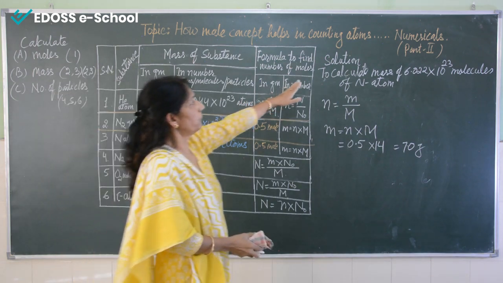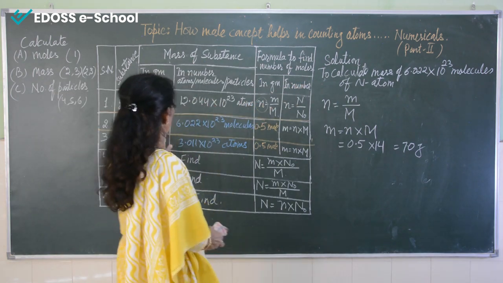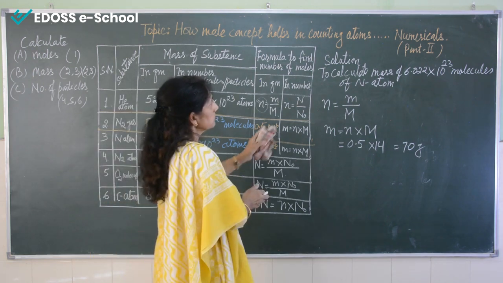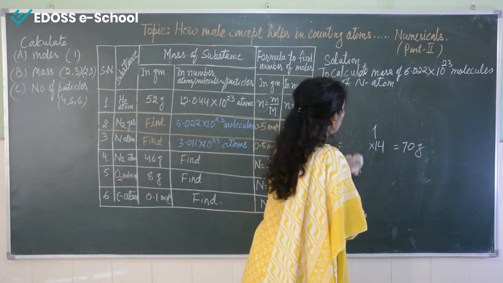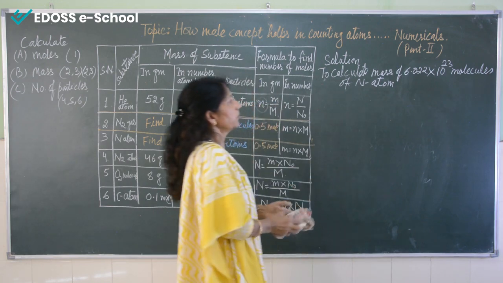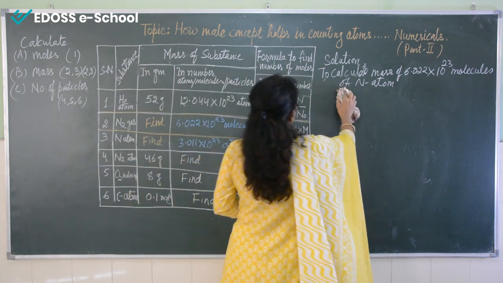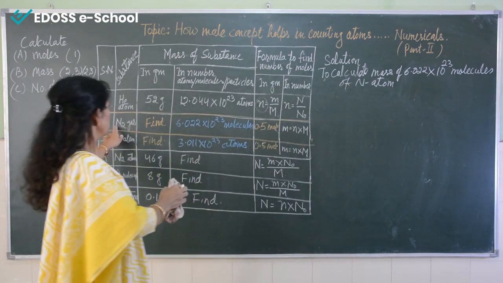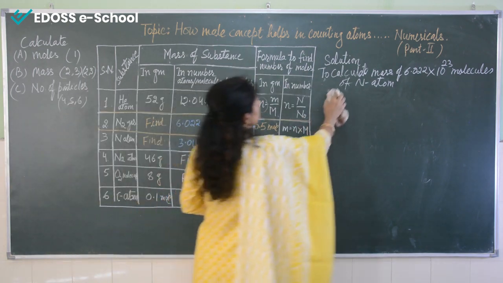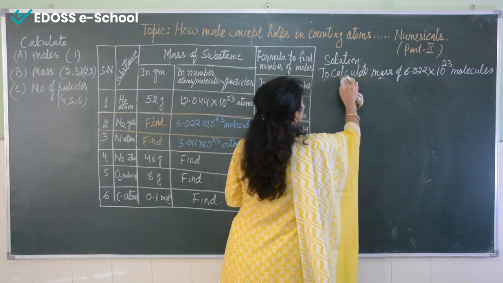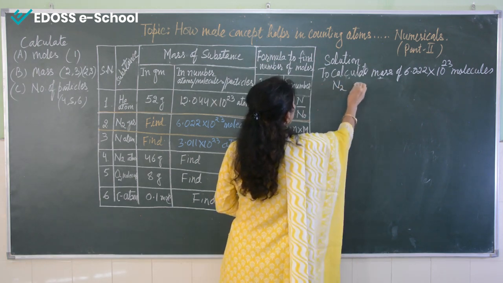Okay, and we have to find how much? What is the mass of 6.022 into 10 raised to power 23 molecules of nitrogen? Here we are taking nitrogen gas.